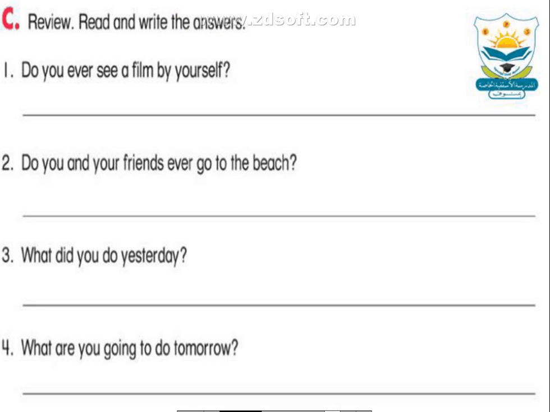Now we have finished this part, so let's turn to review, read and write the answers. So you will answer this question. Do you ever see a film by yourself? Yes. I usually see a film by myself.